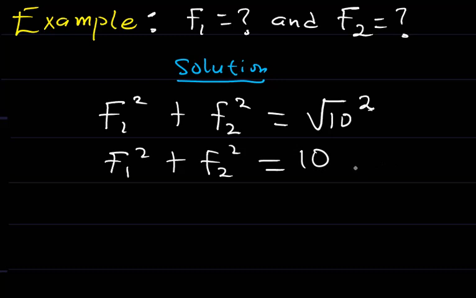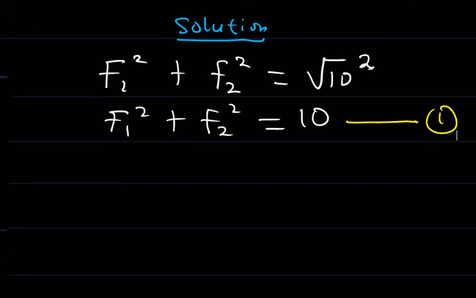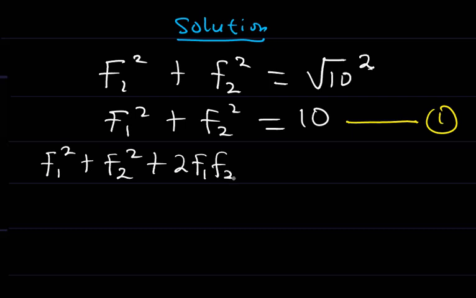All right, let this be equation 1. Now, we are also told from the question that if the two forces act at an angle of 60 degrees, their resultant is the square root of 13. So F1 square plus F2 square plus 2F1F2 cos 60 degrees is equal to 13, squaring the resultant.